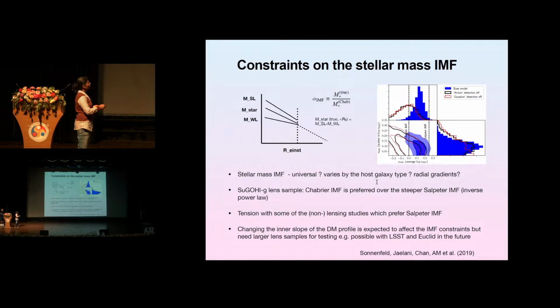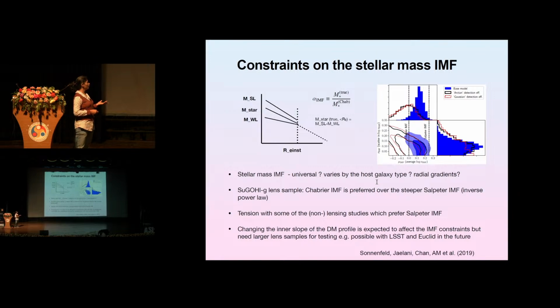And here what we are showing are the constraints on the mean and the sigma of this alpha IMF distribution. What we are finding is that this is more or less consistent with the Chabrier IMF, which is somewhat in tension with other studies which prefer the Salpeter IMF.